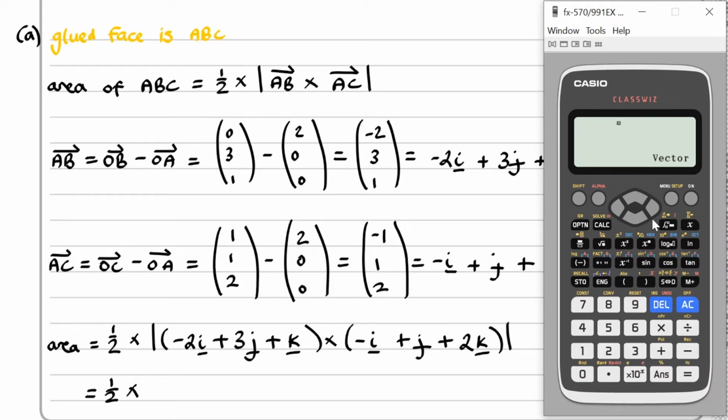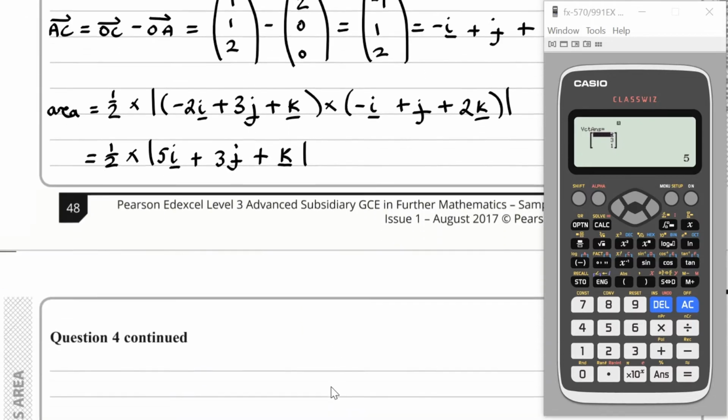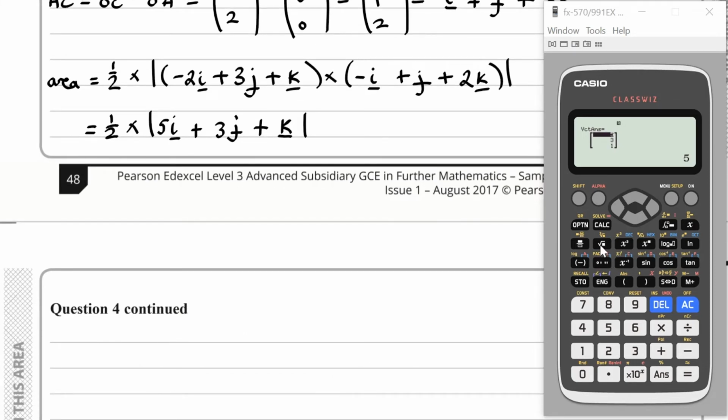We will now multiply these vectors together. So we want to work out this vector crossed with this vector. So we have 5, 3, 1. So we have 1/2 lots of the magnitude of the vector 5i plus 3j plus k. Okay? And we can work out the magnitude of this vector.